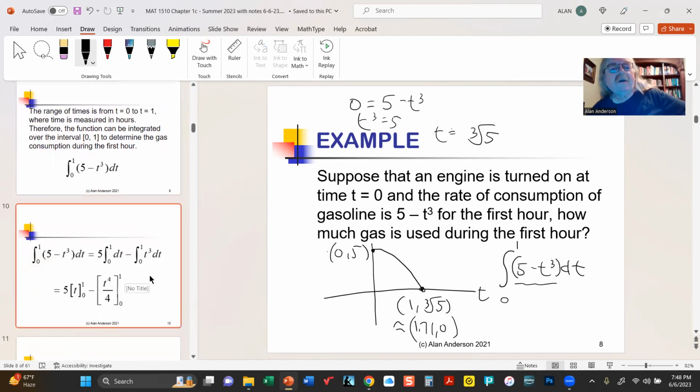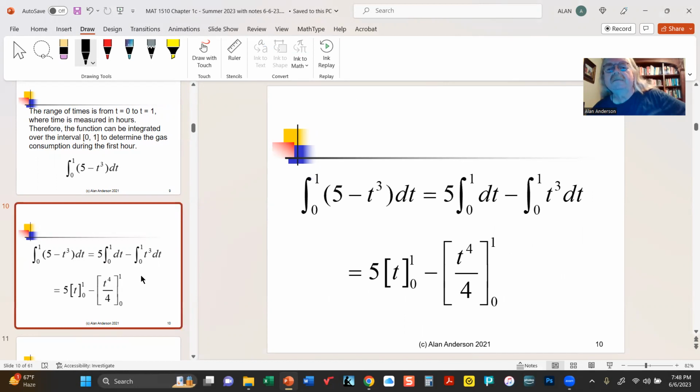So we're basically just integrating this the normal way. As we've seen before, we can break this up into two different pieces.